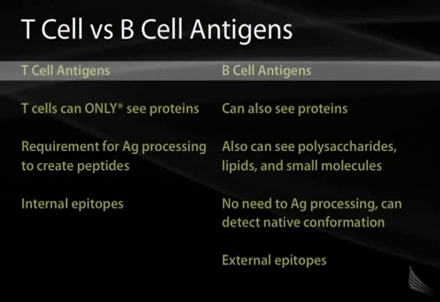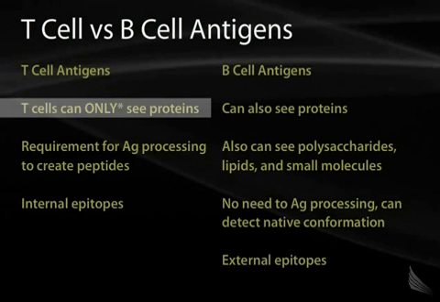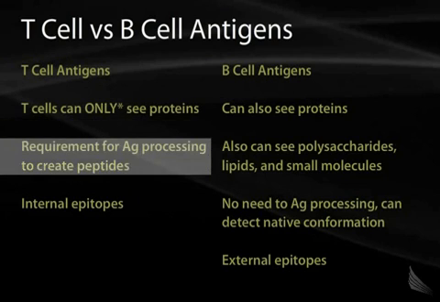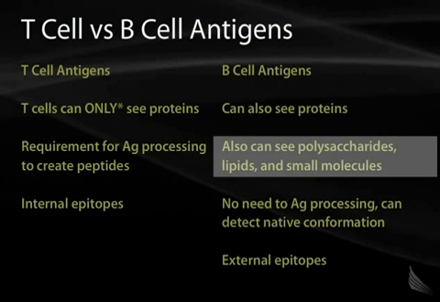Some contrast between T cell and B cell antigens. Remember that T cells can only see proteins. All that they're looking for are these peptide chains that have been processed and presented to them in the context of an MHC molecule. B cells, on the other hand, see proteins, but also see polysaccharides, lipids, and small molecules such as DNA.